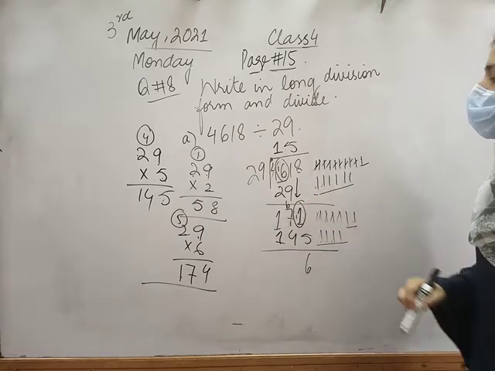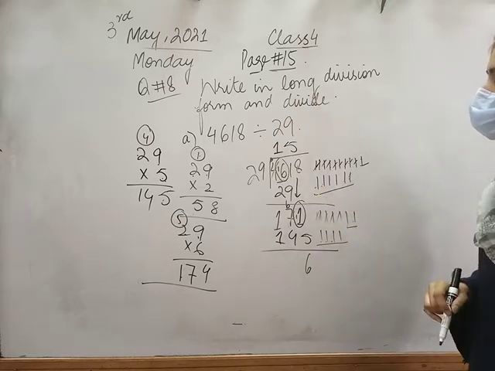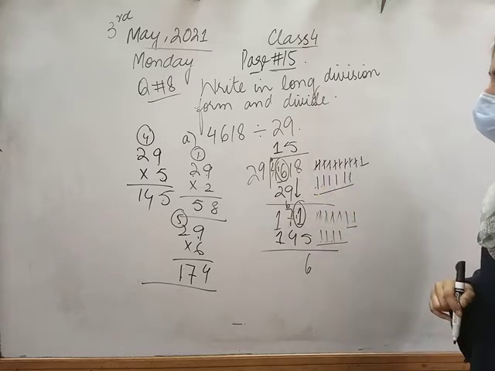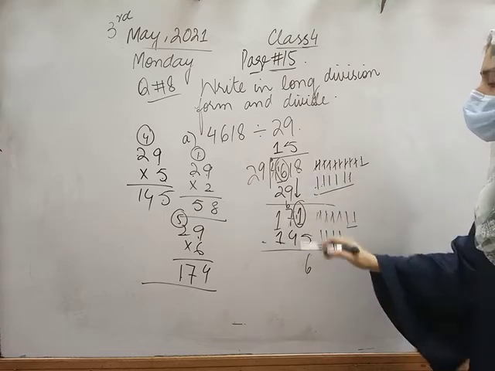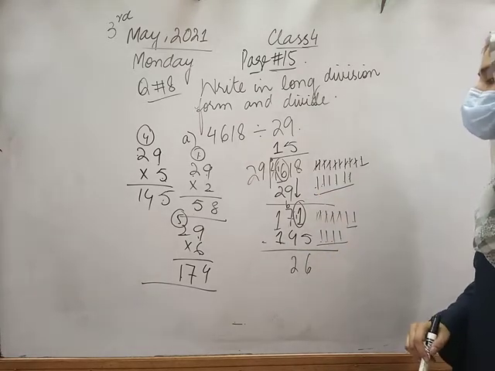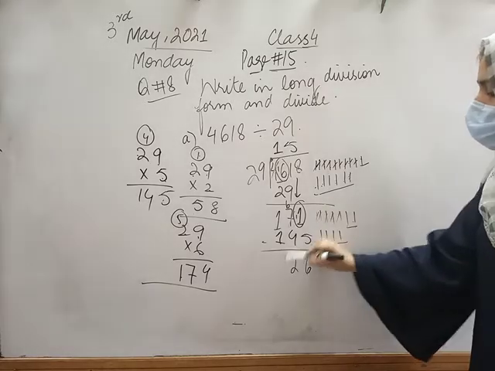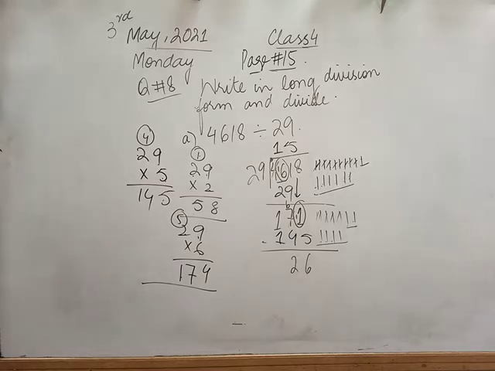Okay. Now in this next step we will subtract 6 from 4. So 6 minus 4 is 2. Okay class, 6 minus 4 is 2. Now if you look, this is a 2-digit number in the dividend which is smaller than divisor. अब 26 जो है वो हमारे पास क्या है? छोटा है 29 से.